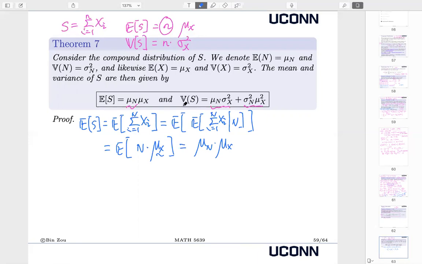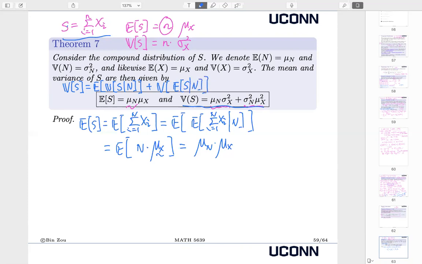For the second result, I can actually write it in this way. So we know S is in this form, right? And the variance of S takes a symmetrical form. So this equals the expectation of conditional variance plus the variance of conditional mean.